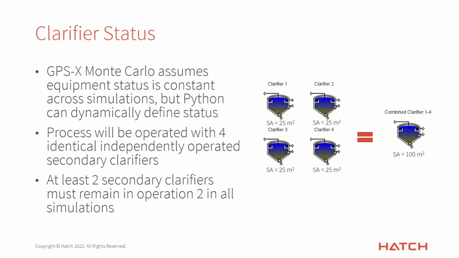And one major assumption that we're going to make when generating our uncertainty surrounding this object is that we need to have at least 2 secondary clarifiers in operation at all times. And when we take one of these secondary clarifiers out of operation, all we do is reduce the combined clarifier's surface area by the equivalent of one of those clarifiers that's taken out of service.